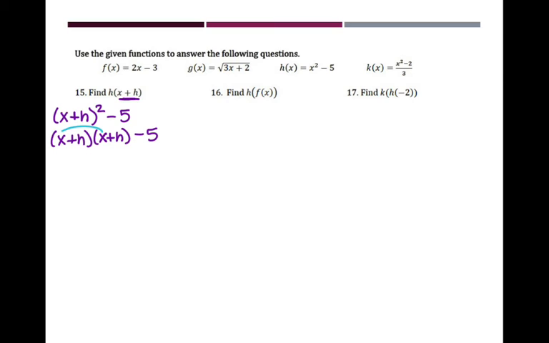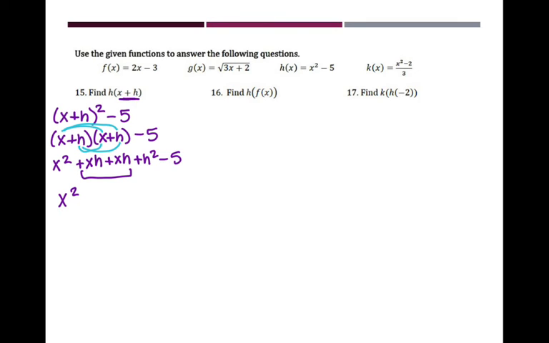So x times x is x squared. X times h is xh, which seems weird, but just go with it. H times x is also xh. And finally, h squared minus 5. These are like terms, so I can combine those two.